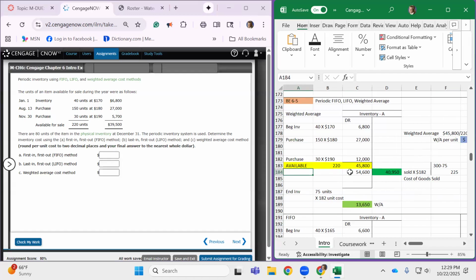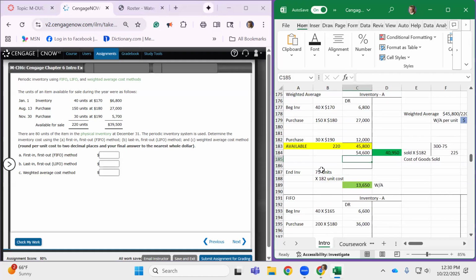All right, now let me see if that's going to match up here. How many did we sell? There are 80 items left in inventory. So down here in inventory, we've got 80 left over at a cost of 208. I'm going to do the math here.